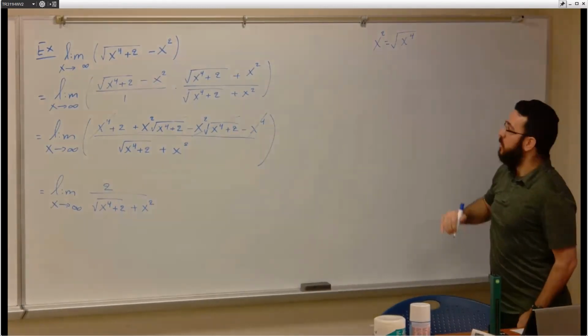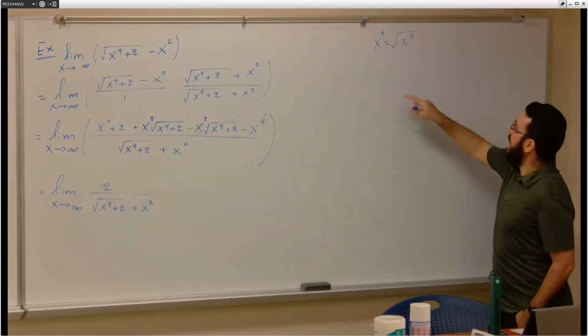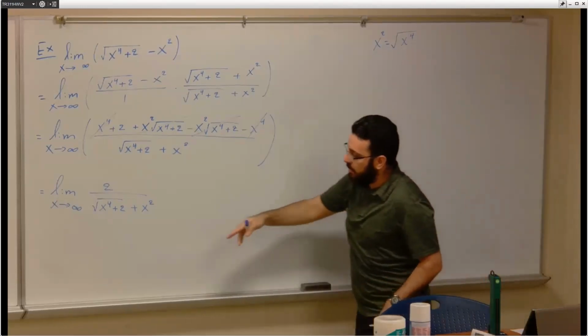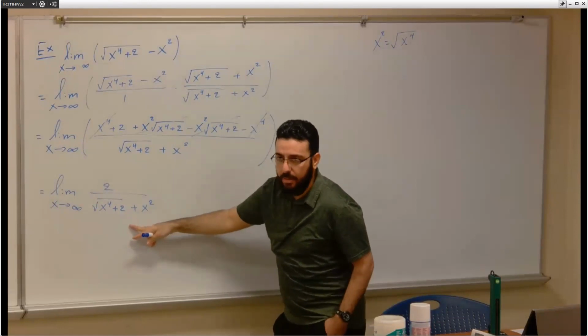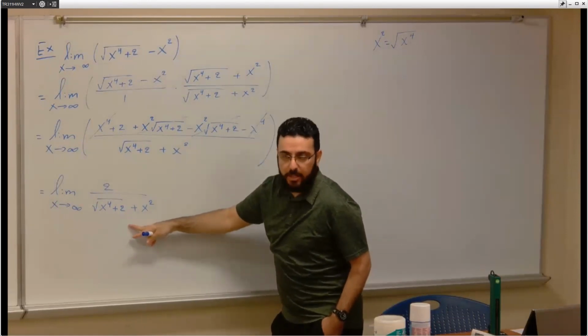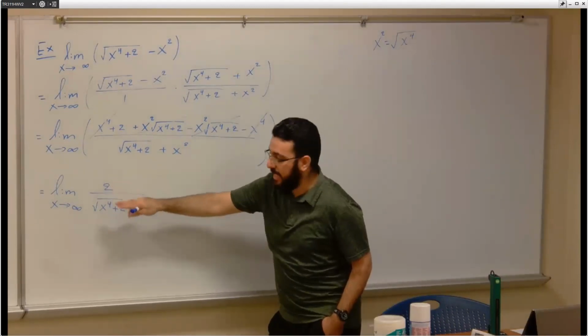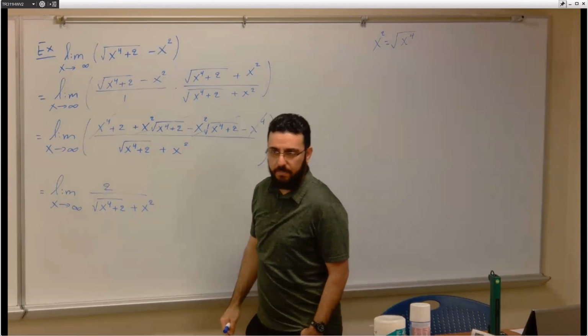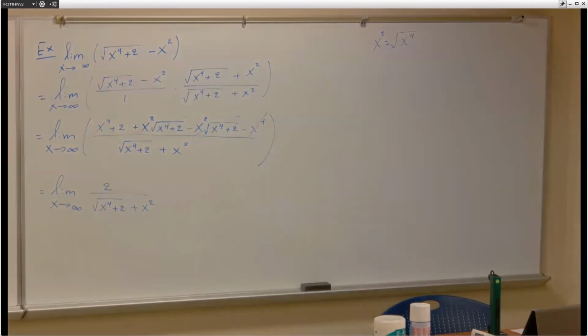So I can divide by x squared, which is the same thing as the square root of x to the power 4, because when I write it down here, this part and the square root of x to the power 4 go together. So I can cancel x to the power 4 with x to the power 4. So in this case, we're going to divide by x squared.